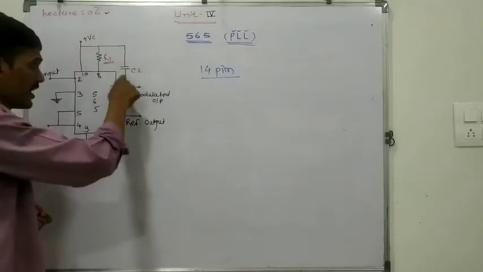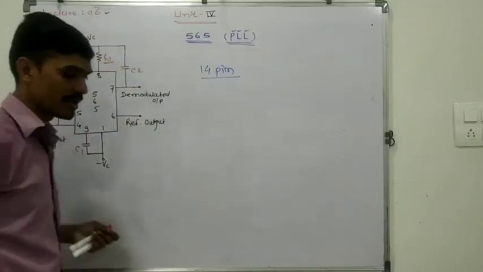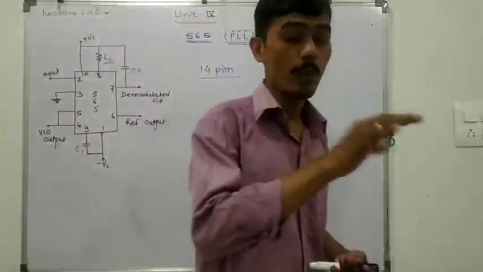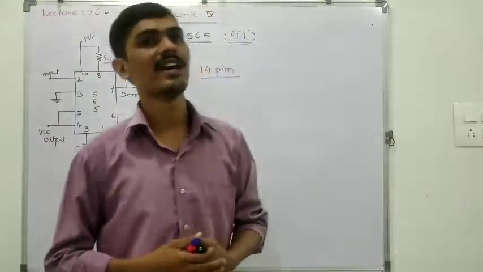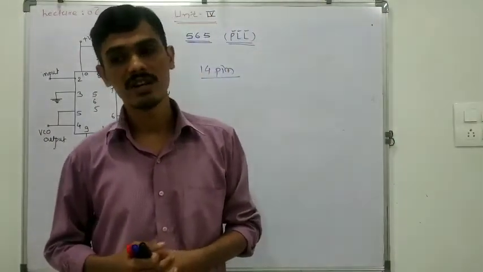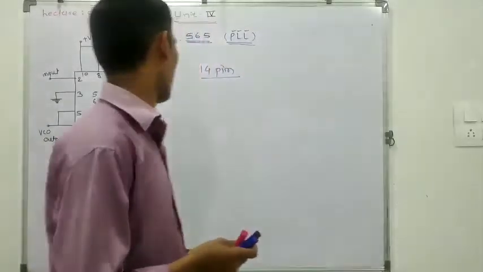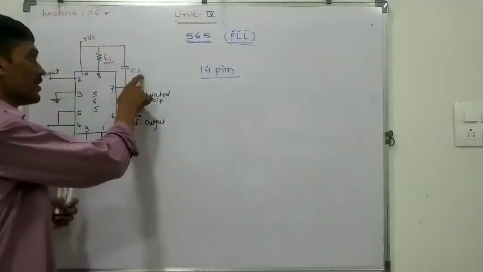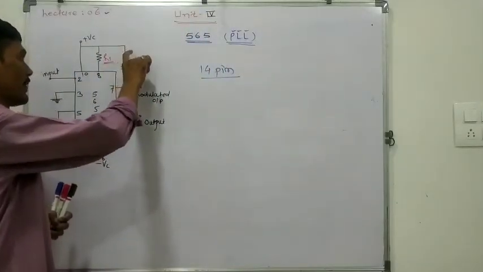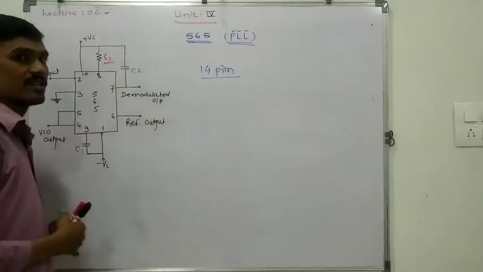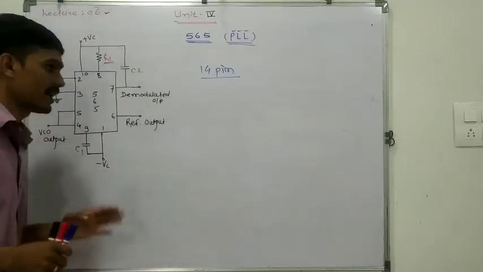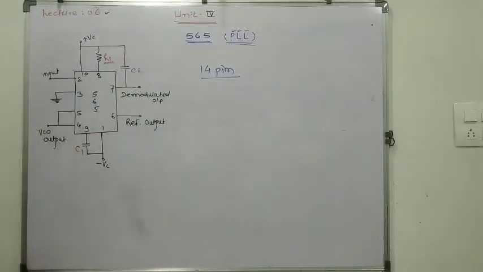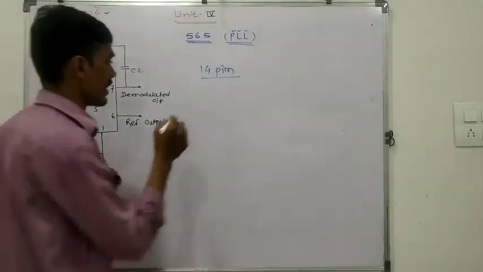Basically, this capacitor C2 is one of the components of the low pass filter, because a low pass filter contains R and C components. One resistor is internally available and this capacitor we have to connect externally. That internal resistor has a value of about 3.6K.